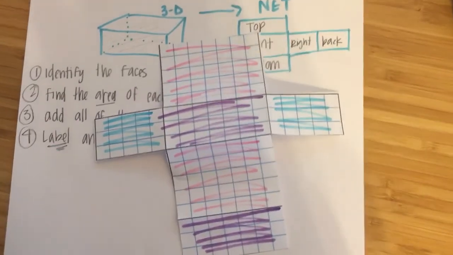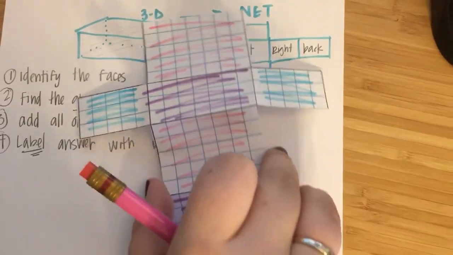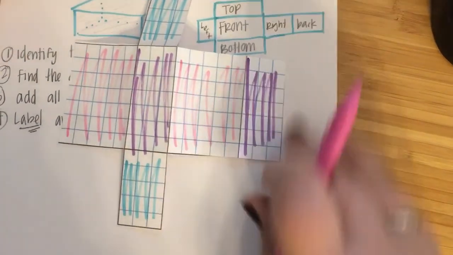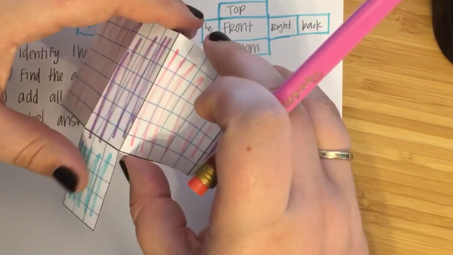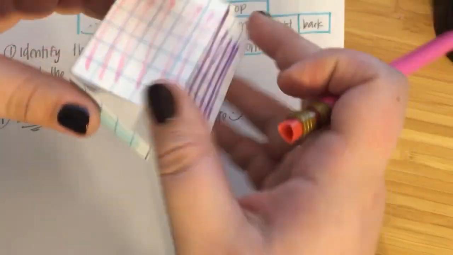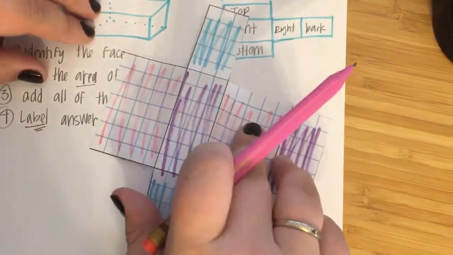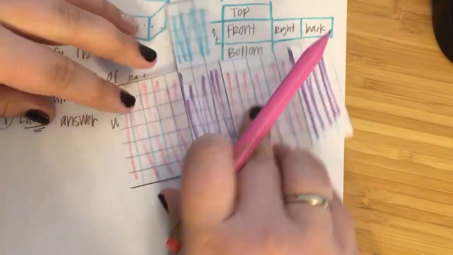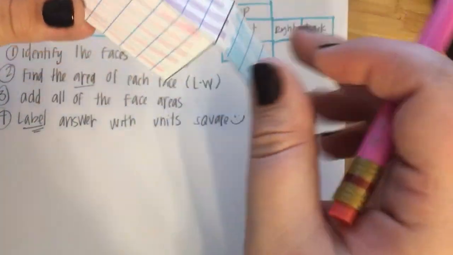So this net comes from Unit 4, Lesson 1. I've colored it and I'm going to go through and identify each of my faces. Now this net makes a rectangular prism. The way I've colored it are the faces that are congruent and share the same measurements.